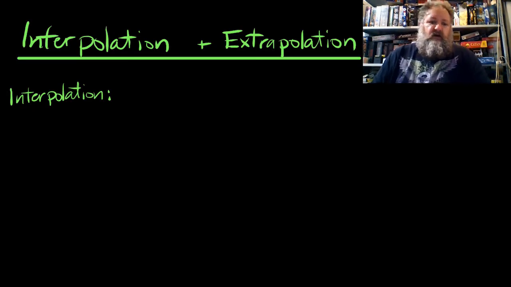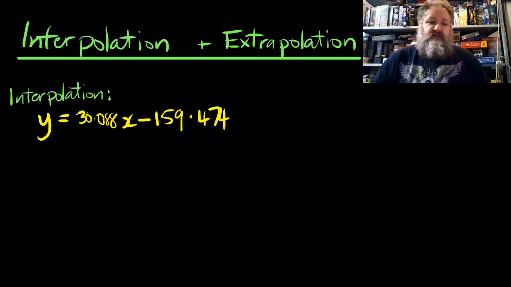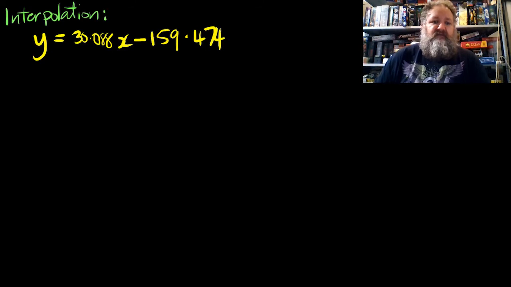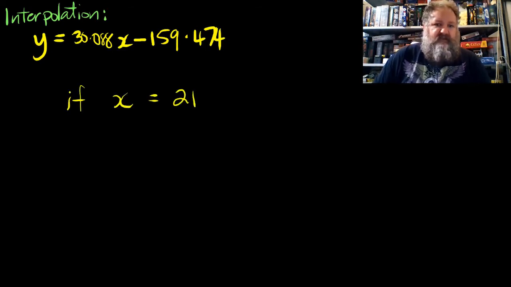All right, we know that the equation for our ice cream sales was this one: y is equal to 30.088x minus 159.47. We did that last video. So what we want to do is imagine what will happen if we give x a value. If x is equal to 21, what does y become?